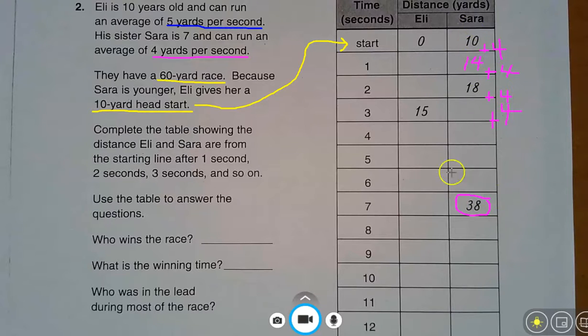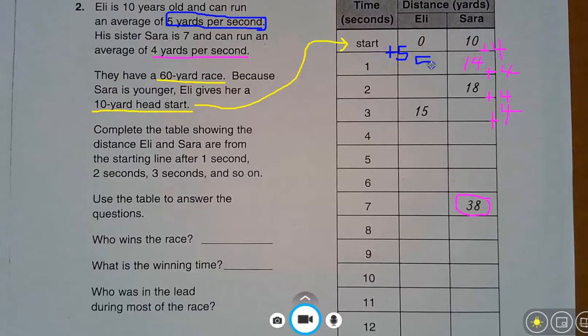My suggestion would be to get all of the distances for Sarah and then come back and get all the distances for Eli. Why? Well, Eli goes a different distance in each second. For 1 second, Eli is going to go 5 yards. So, at the beginning, Eli's at 0, but then 5 more yards.